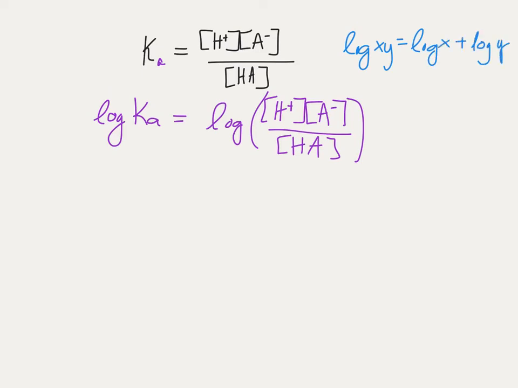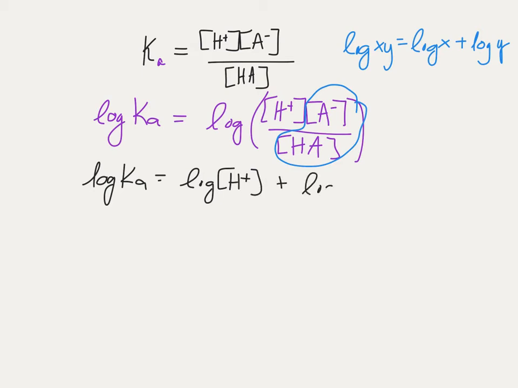So what I'm going to do is treat these guys like they're y and treat the H like it's x and separate these two things. So in my next step, I look like log of Ka equals log of H+ plus the log of our anion divided by the weak acid.